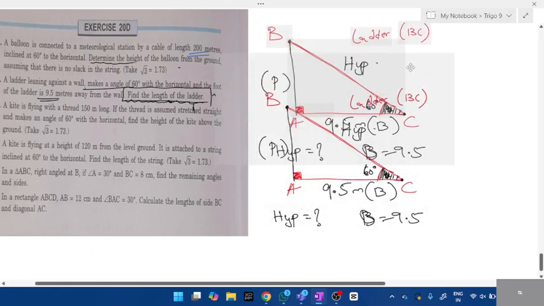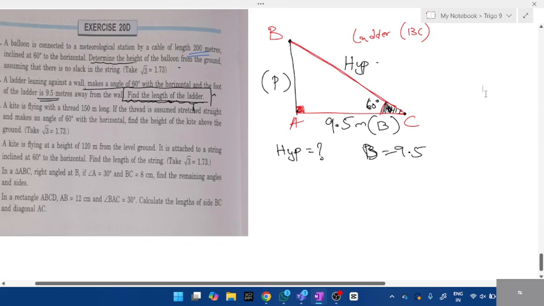So what is the length of the ladder? Perpendicular or hypotenuse? Read it: the length of the ladder is perpendicular or hypotenuse according to the triangle? Hypotenuse, right? Okay, so according to the 60-degree angle C, the hypotenuse is asked, the base is given, students.